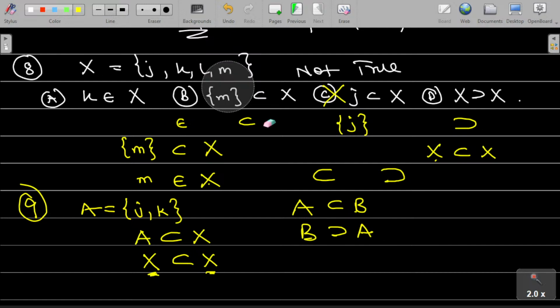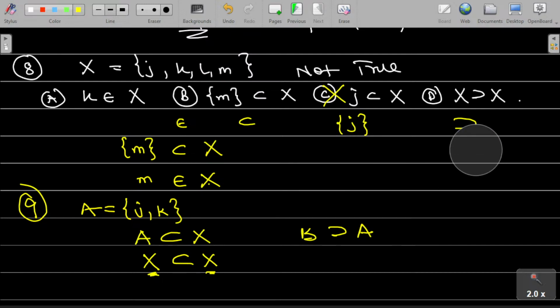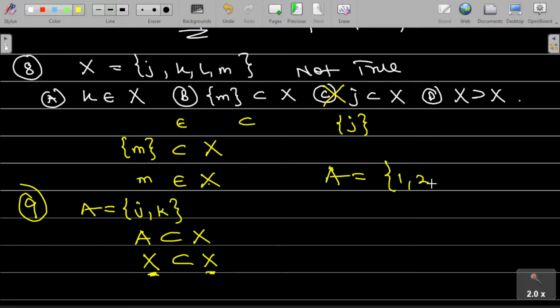Okay, let me use another example to explain it. For instance, if I have A equal to 1, 2, 3, 4, maybe 5. Now, B is equal to, let's say, 1, 3. And then, okay, Amanda, you're welcome.